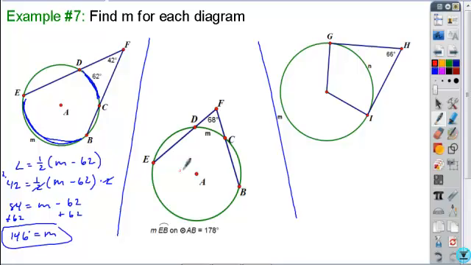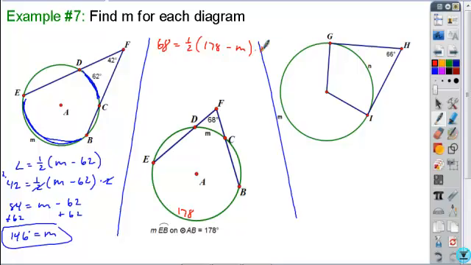Okay, so here we have this arc measure of 178, a closer arc measure that's unknown. We know our angle is 68. So our angle is equal to 1/2 the difference of our arcs, 178 minus M. We can now solve.